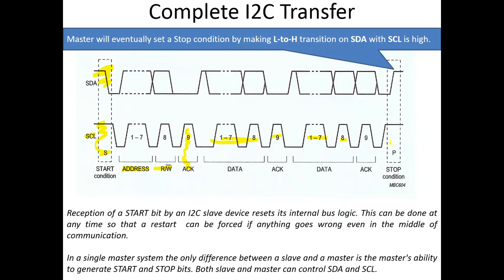And finally, if the master wants to close the connection, it has to generate the stop condition. The stop condition is that the data will go from low to high while the clock is high. So this is called the stop condition.